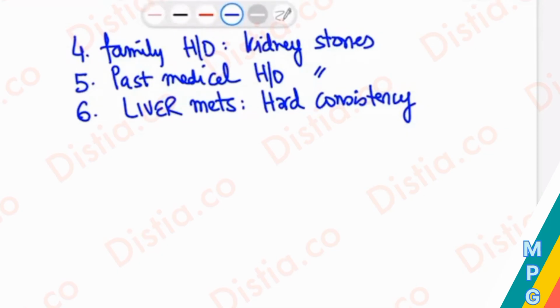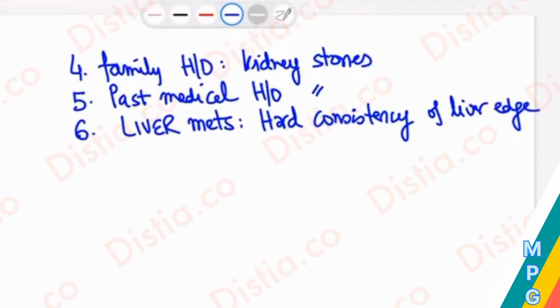So the liver edge will have a hard consistency. I can say that if in your practice you have ever felt a stony hard liver, even one, that's enough to last you a lifetime.